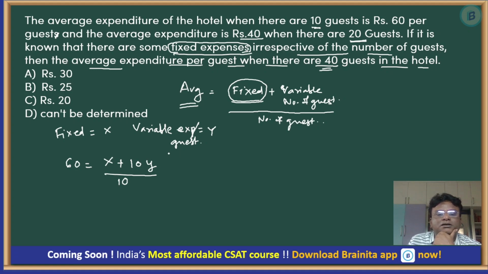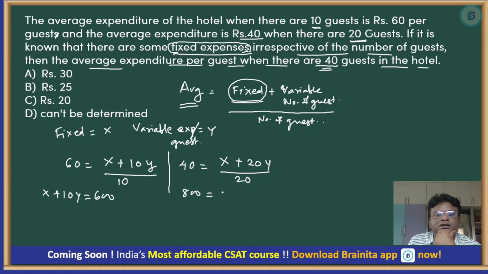Second equation, from the second scenario, average expenditure is rupees 40. It is (x + 20y) divided by 20, because there are 20 guests now. So this is x + 10y = 600, and this is x + 20y = 800.